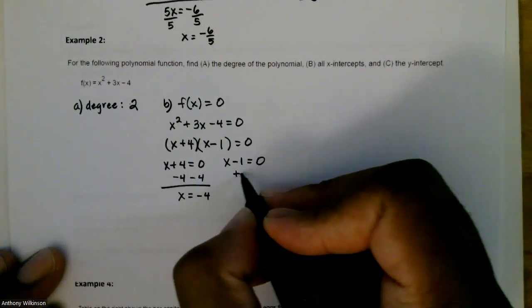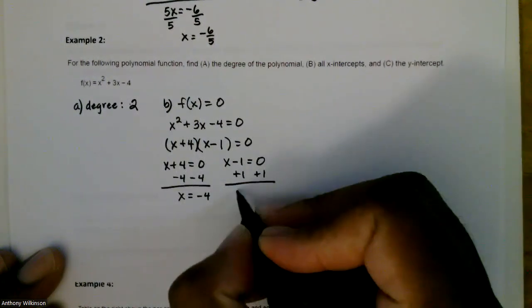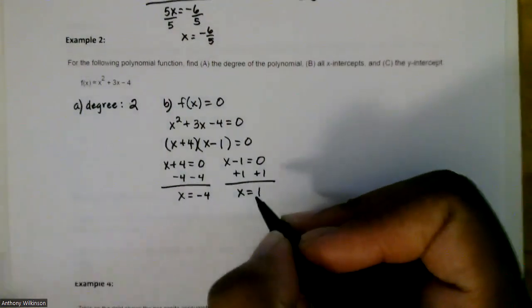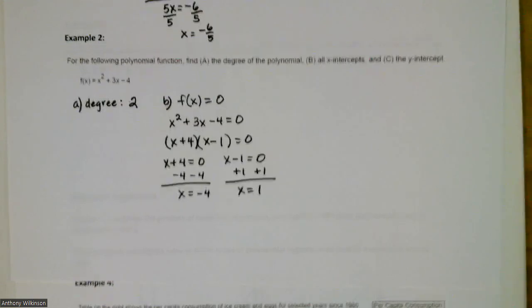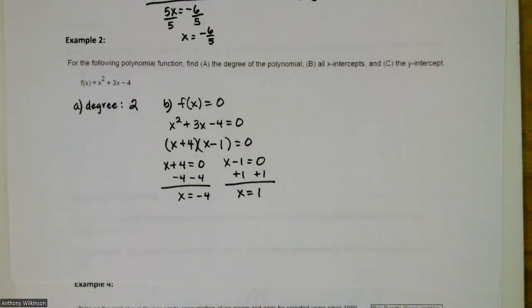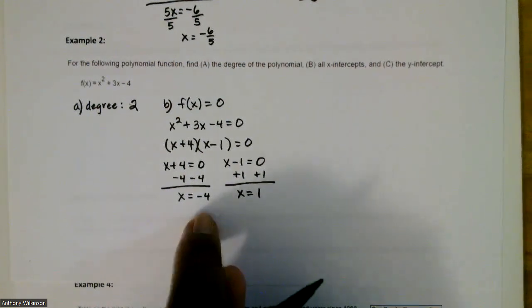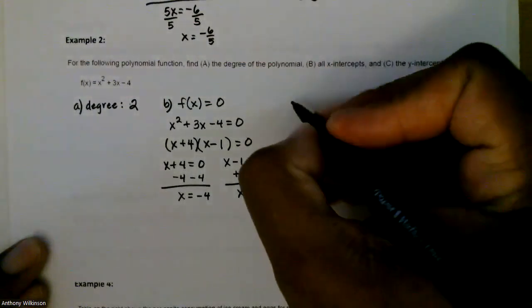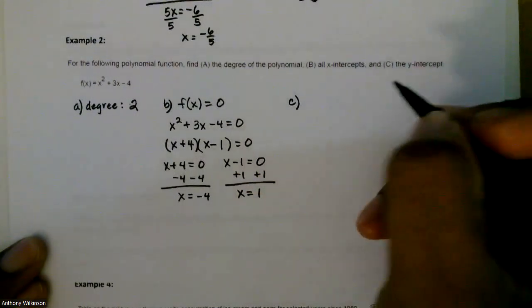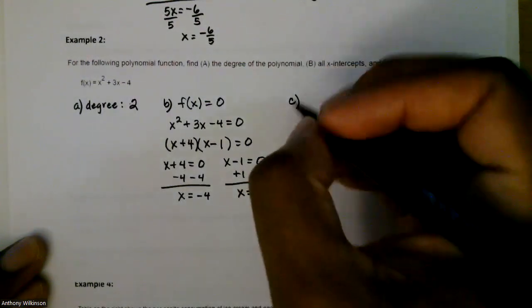And for x minus 1 equal to 0, that would mean x is equal to 1. So these are my x-intercepts, negative 4 and 1. Okay. And they just want these as whole numbers here in this case, negative 4, comma 1. So that's part B.